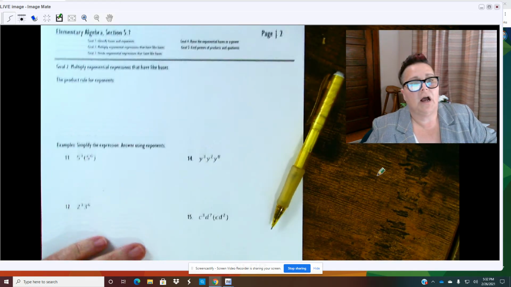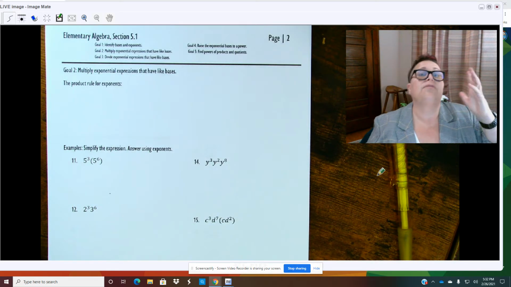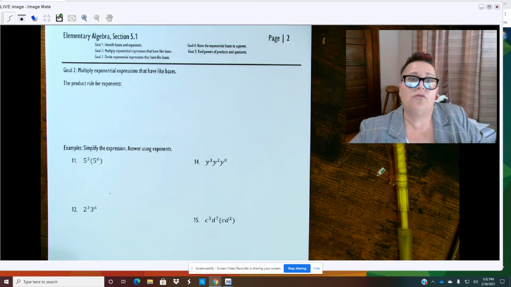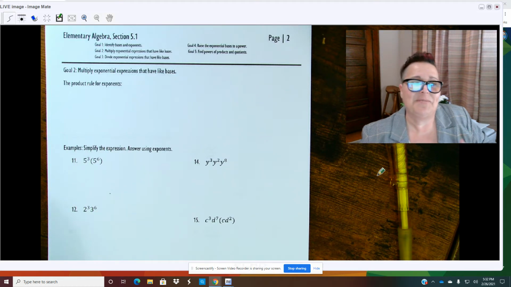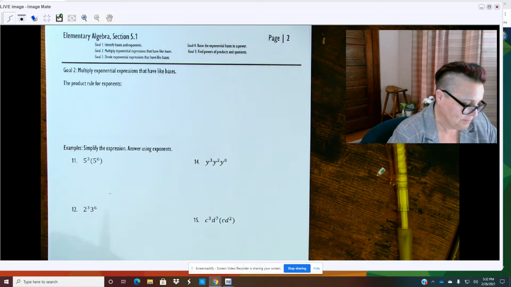Perfect. Our second goal in this is that we are going to learn the first of the rules for powers and exponents. This is known as the product rule for exponents.